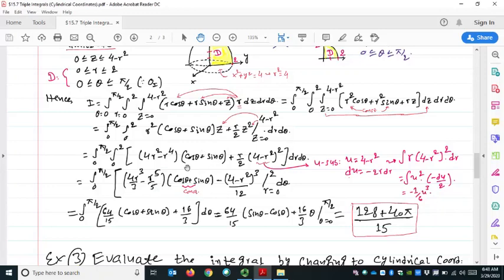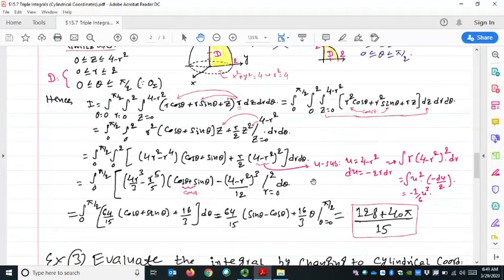This cosine theta plus sine theta is constant as it is. And then for the integration of r over 2 times 4 minus r square squared with respect to r, it's a good candidate for u substitution. So let's do this integration separately.